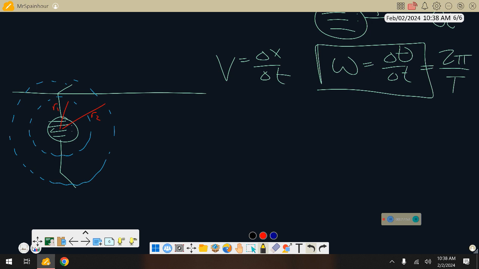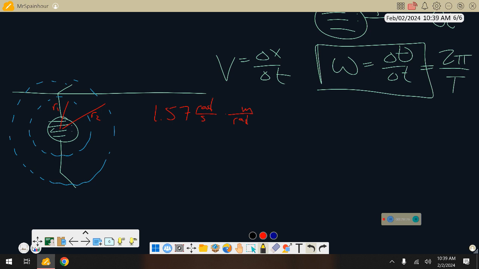So, if I knew that Spainhour is spinning 1.57 radians per second, that's 1.57 radiuses every second. What's the only thing you need then to tell me how fast my elbow is going versus my fingertips? Size of the radius. Because if I multiply by the size of the radius in meters, I'm going to end up with meters per second.